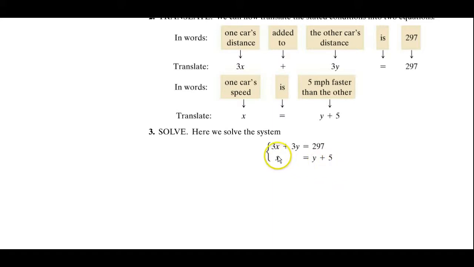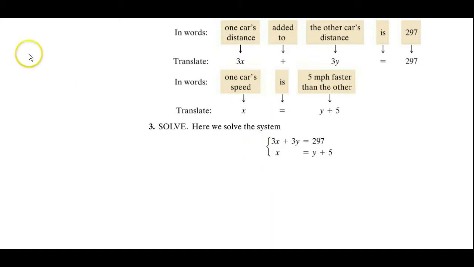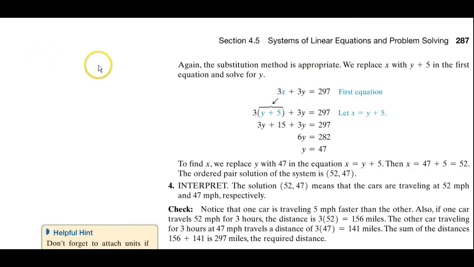Now, the key is, what technique do you use to solve this? Think about it for a moment. If you said substitution, you are correct. So we're going to take the x value, which is y plus 5, put it into the equation, and solve it, and we get y is 47.